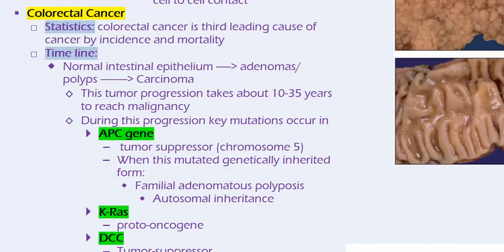The adenoma is benign in the sense that it doesn't have metastatic potential. It's precancerous, but not really deadly.